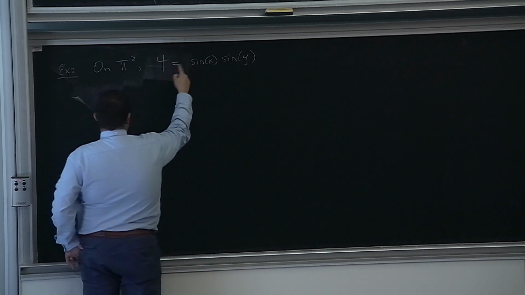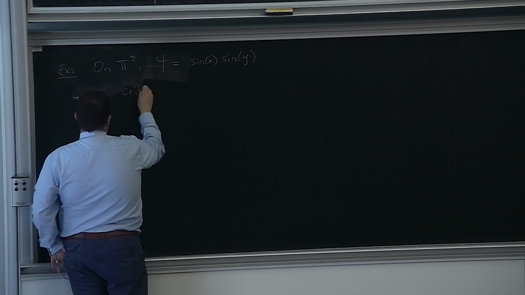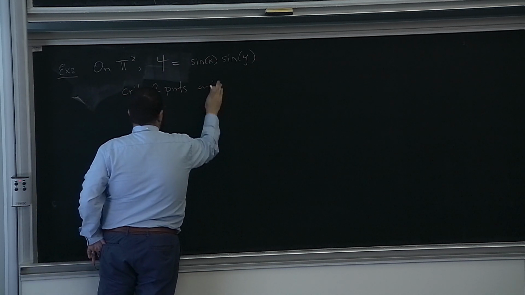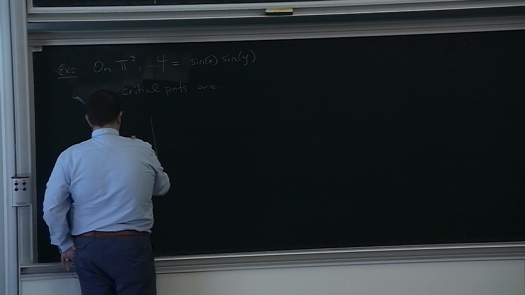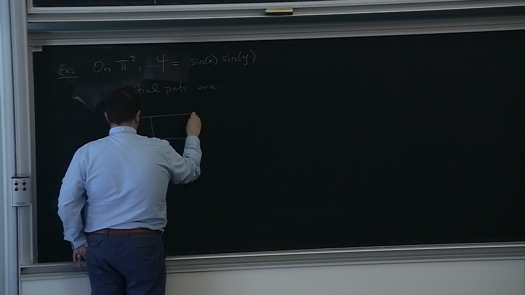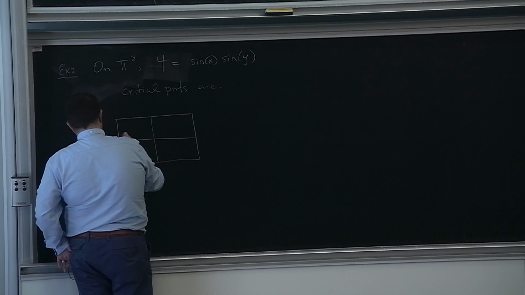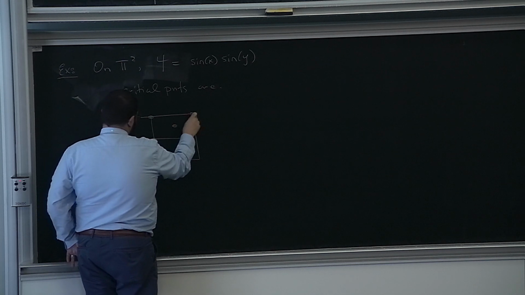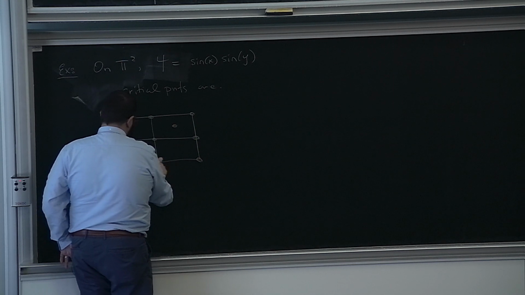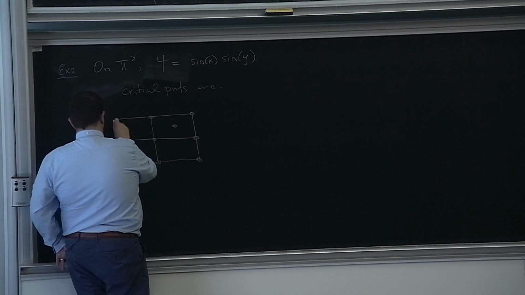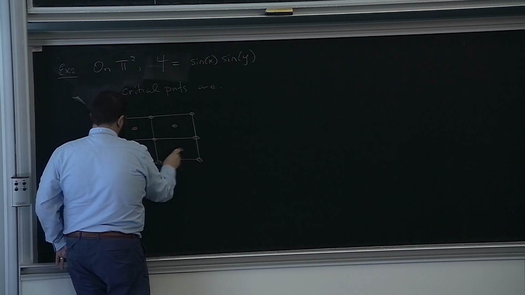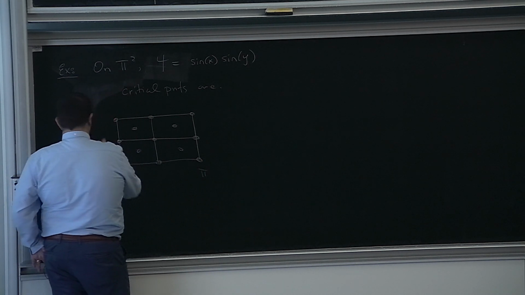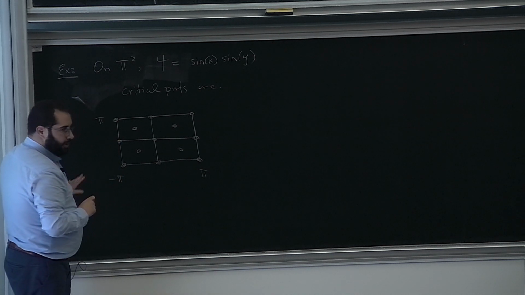So the critical points of this, let's just draw a picture. So critical points are all of these dots. And this for me is minus pi to pi. Okay?